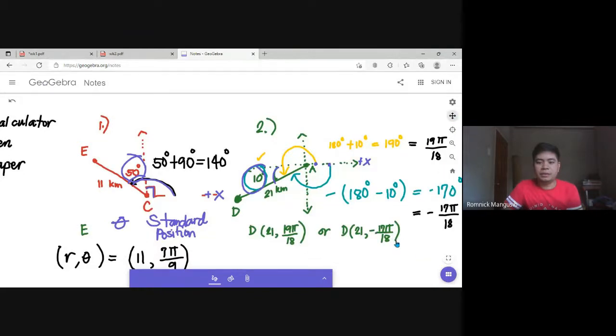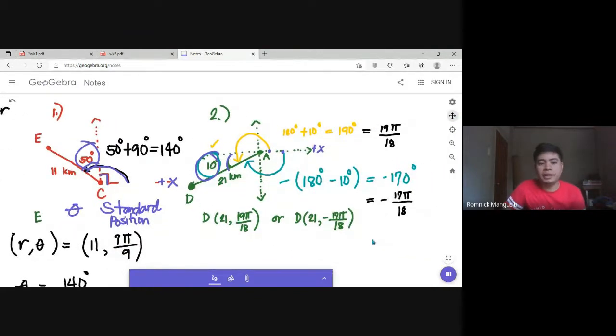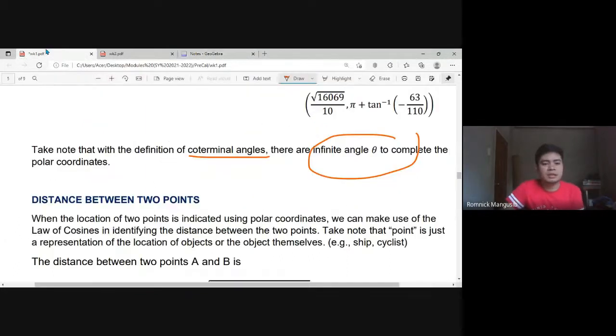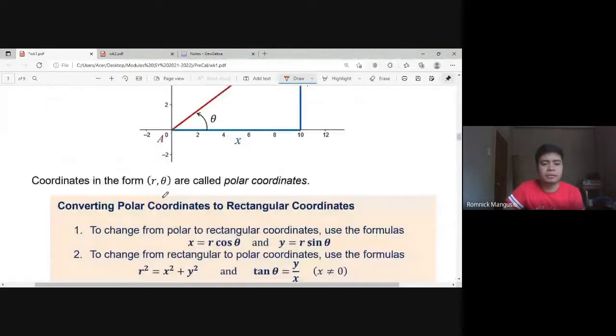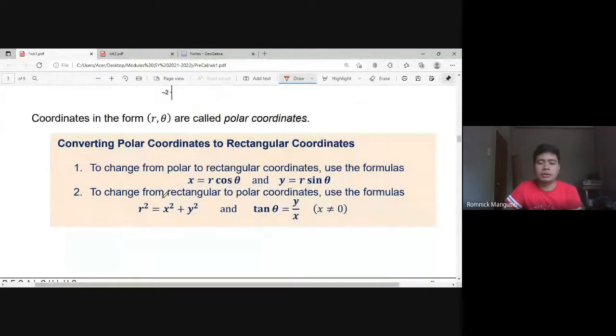Okay, so now we're going to move to our next lesson. And on the next lesson, you are now interested to convert the polar coordinates to rectangular coordinates. Dito ka na ngayon interesado. And we have this formula, x equals radius cosine theta and y is equal to radius times sine theta.